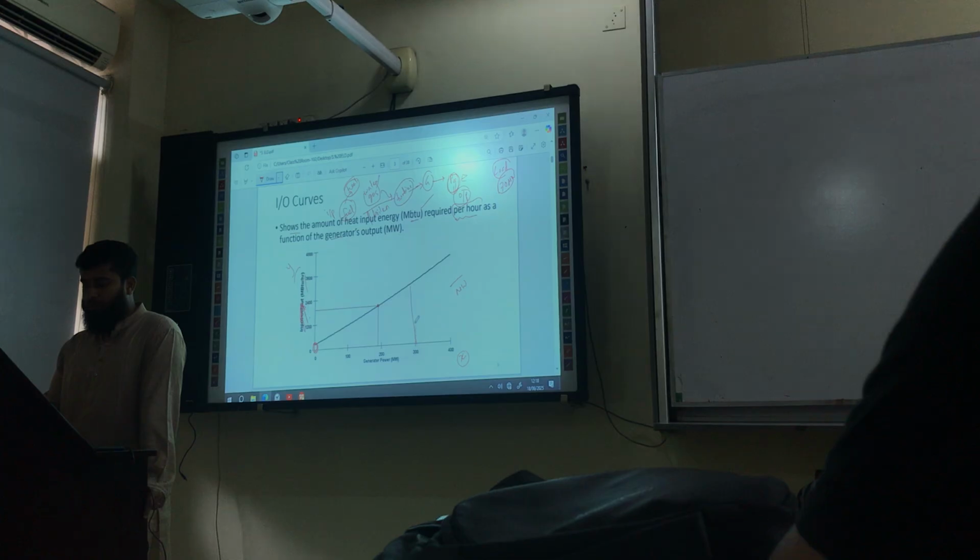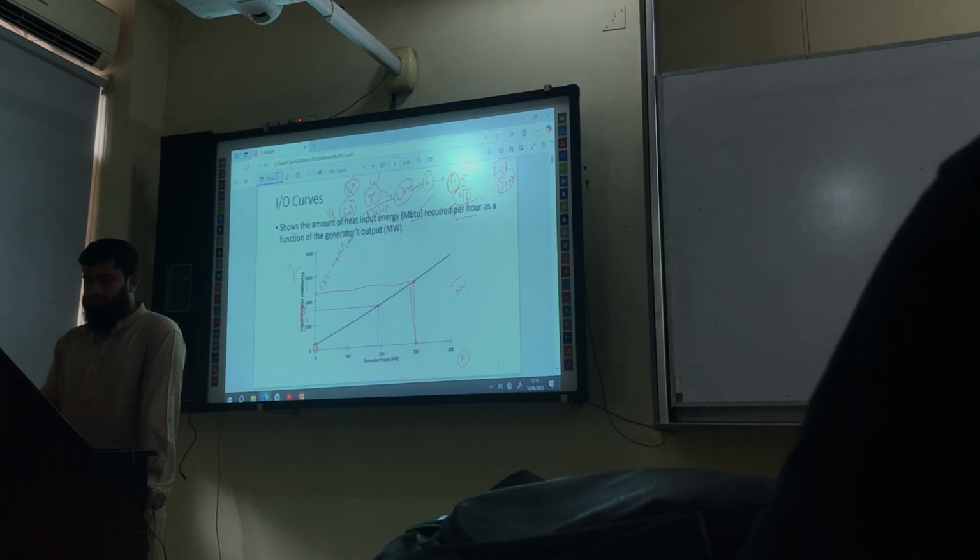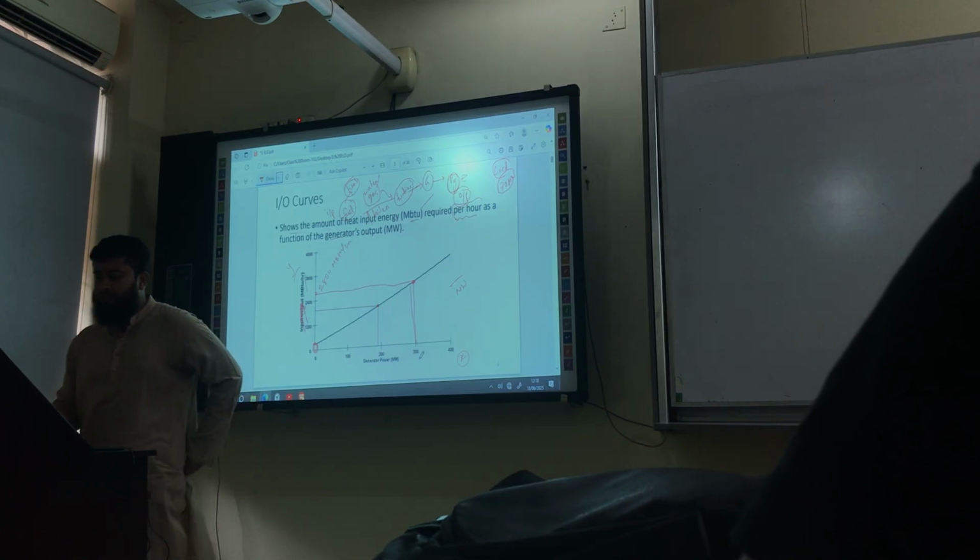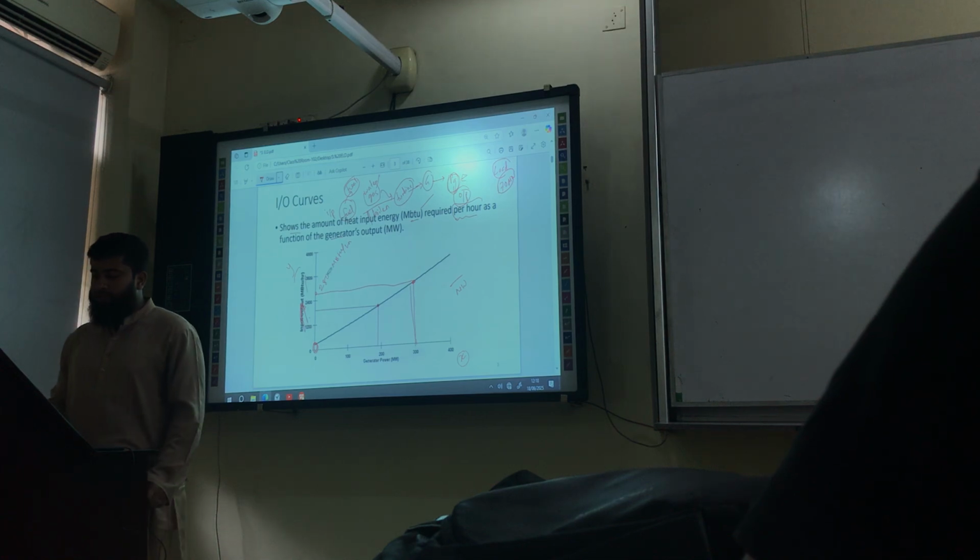So you go across this line, you get this point on the curve, then go across to the y-axis. Let's say this value is 2800 MBTU per hour. That means to generate 300 megawatt of power, you need this amount of heat input energy per hour, right?